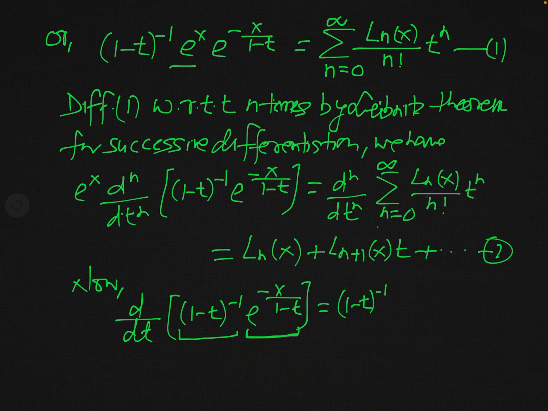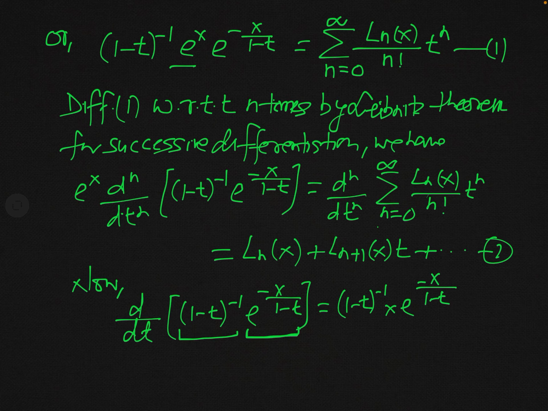So what will be its derivative with respect to t? You can see this will be e raised to the power minus x over 1 minus t, and then we will differentiate minus x over 1 minus t.